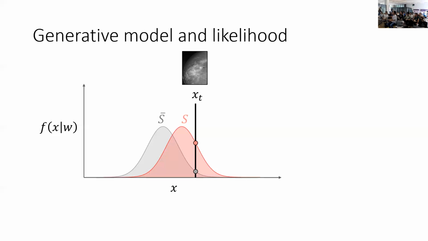With this kind of plot, we could easily get the likelihood: given the x, what's the likelihood that the world is w? Here w could be s, the signal, or s bar, the noise. It's simply the f.